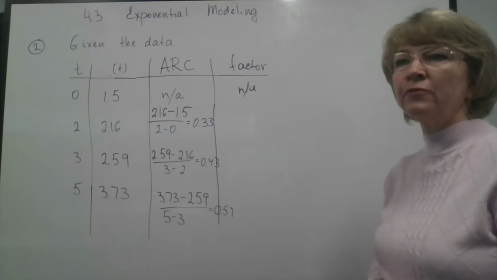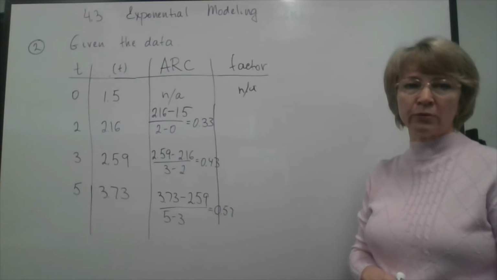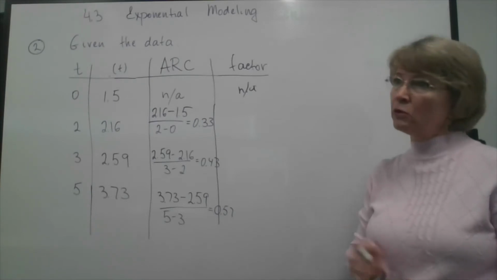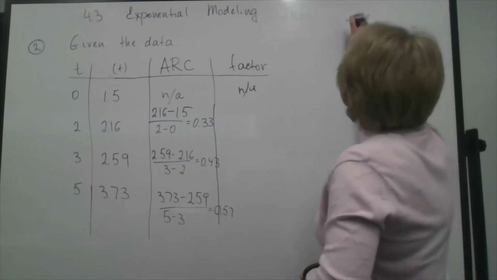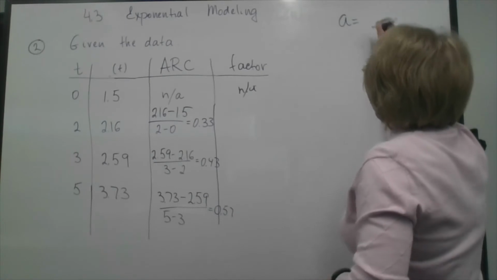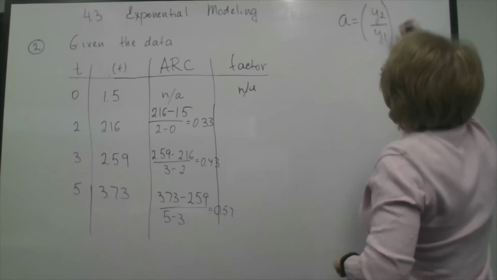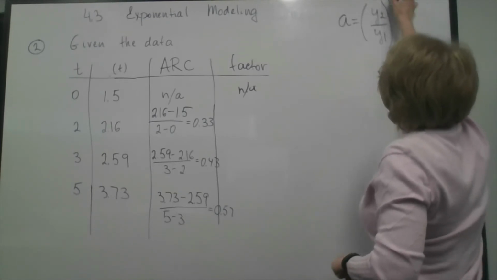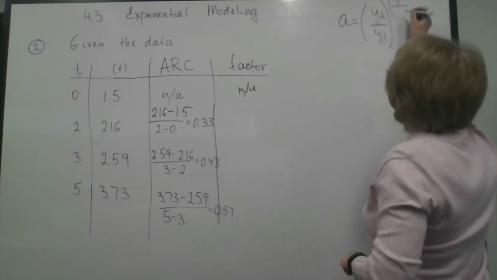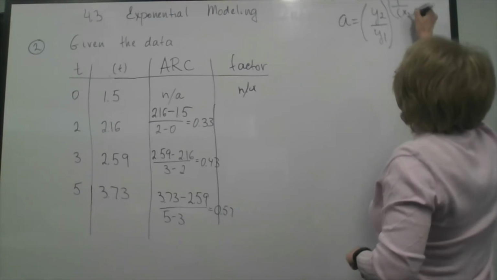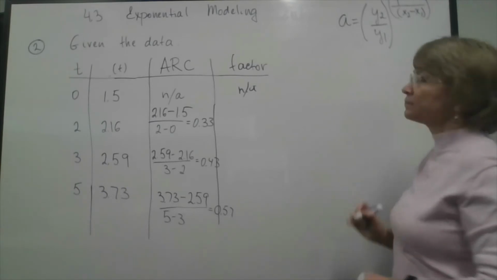Probably you saw the formula already in the PowerPoint and other places that I posted on Blackboard. So you have to memorize this formula or come up with your own idea or formulas. To find the factor, the formula is y2 over y1, to the power. It's a good idea to put parentheses here, especially if you have a TI-83 calculator, and parentheses right here, x2 minus x1, parentheses, and big parentheses here.